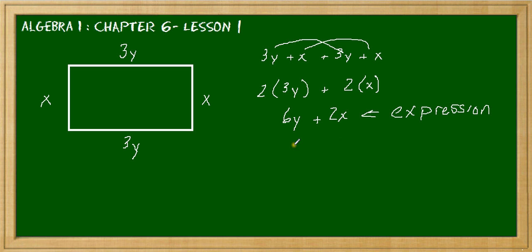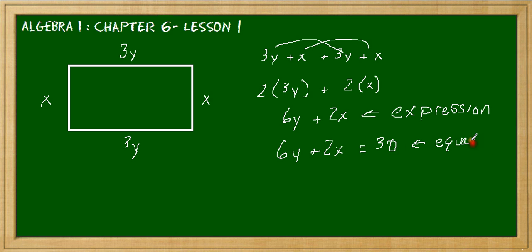Here we're going to give an equation, and we're simply going to say that 6y plus 2x, or it could be written 2x plus 6y, typically we like to write them in alphabetical order, so it might have been better to write it that way, but there's no harm in the way it's written, is equal to 30. So this would be the equation.